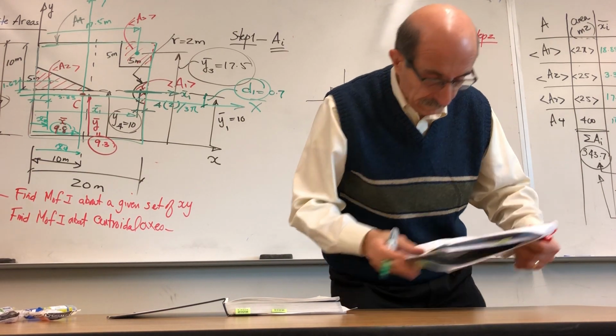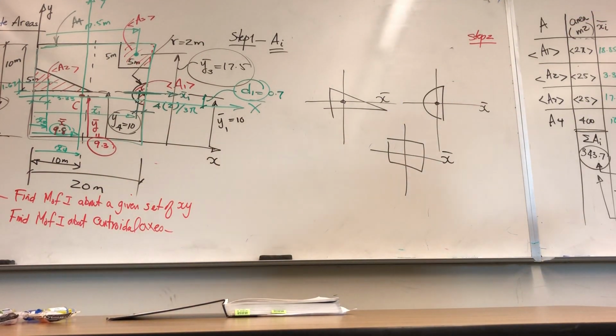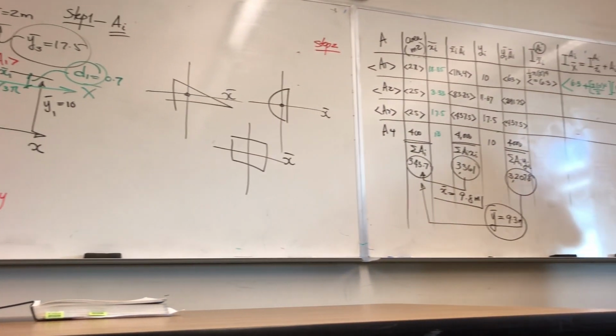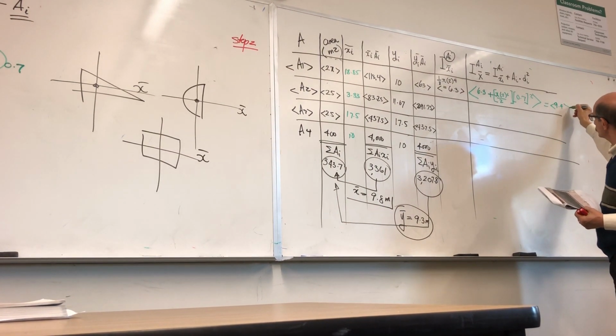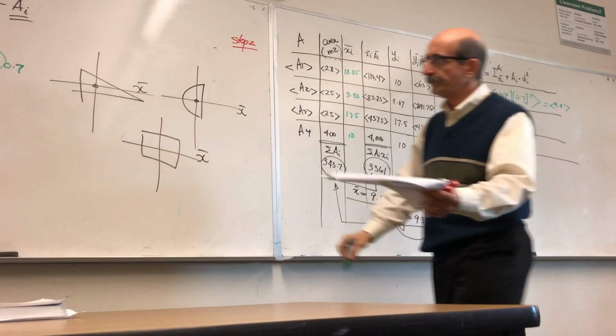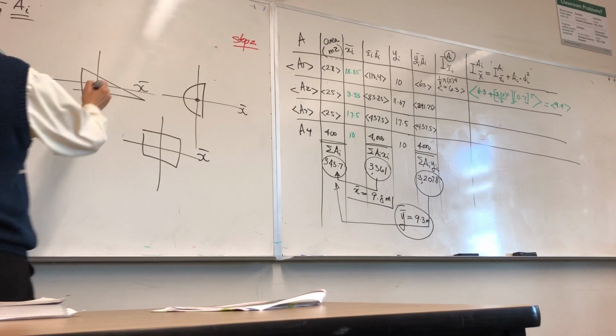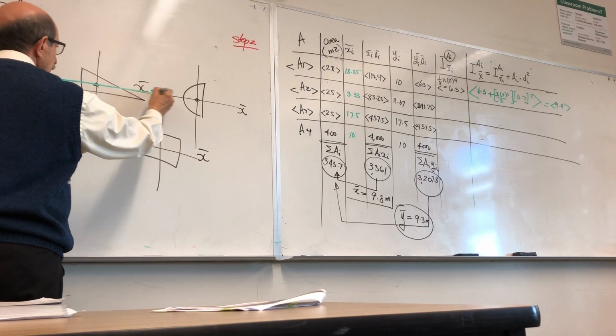And that comes out to be 9.4, negative. Same thing with 2. I will find a moment of inertia of this shape about this axis.